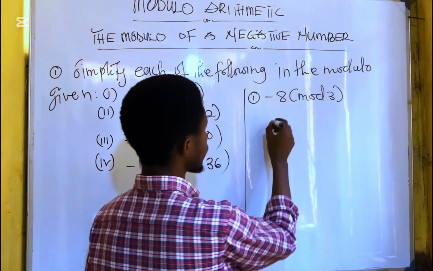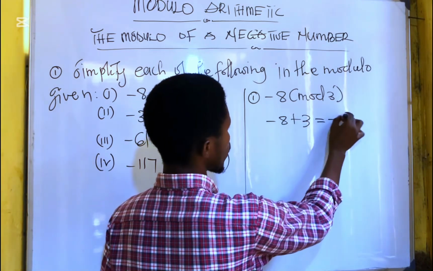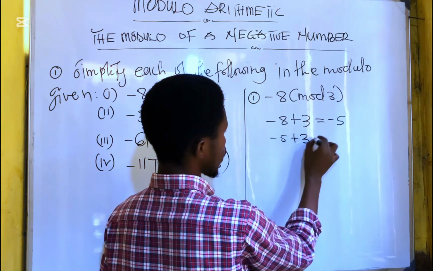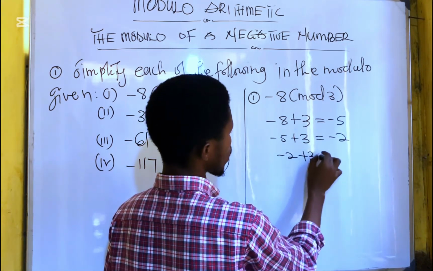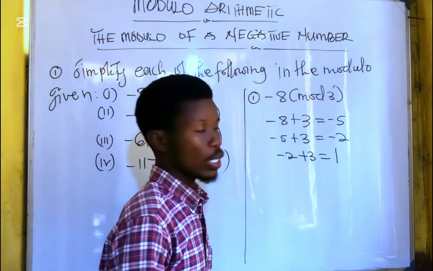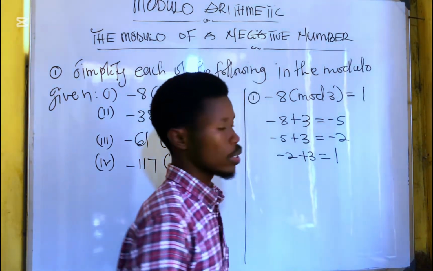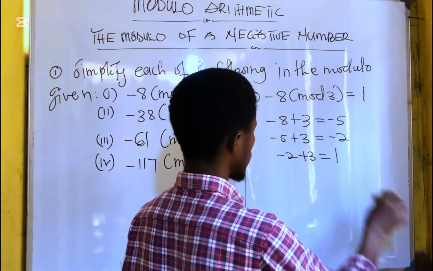So in this case, you have negative 8 plus 3, which will give you negative 5. So negative 5 plus 3, which will give you negative 2. Negative 2 plus 3, which will give you 1. In this case, the answer to this is what? 1. So 1 mod 3. Is that okay? Good.